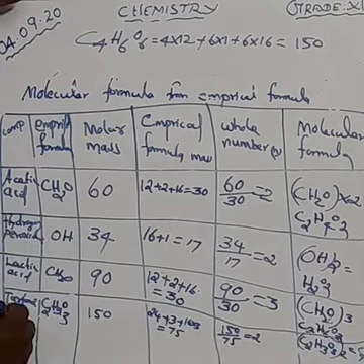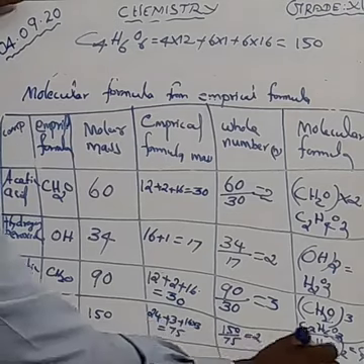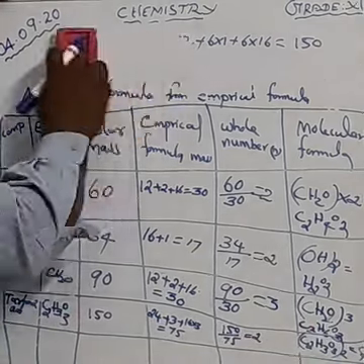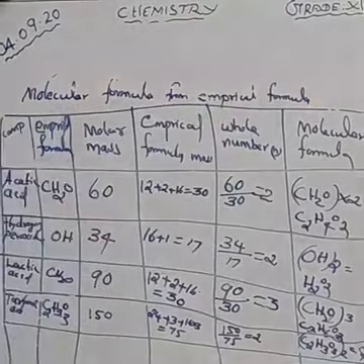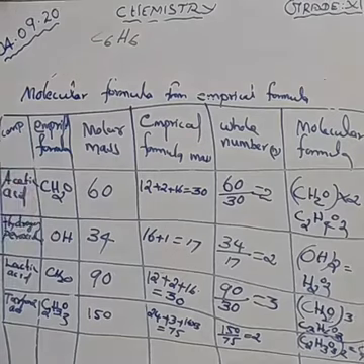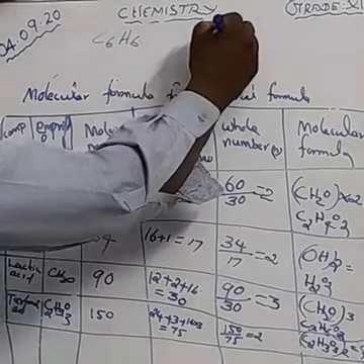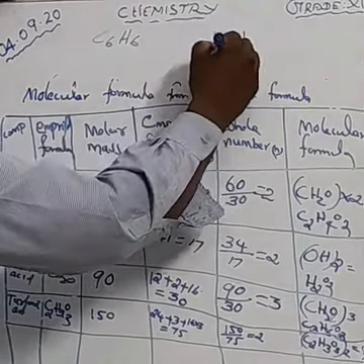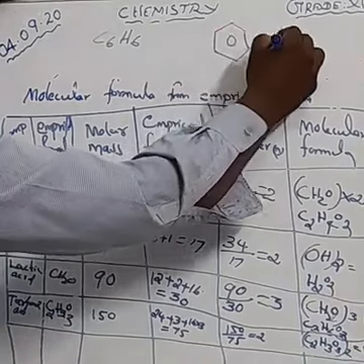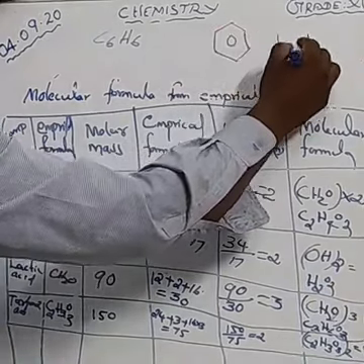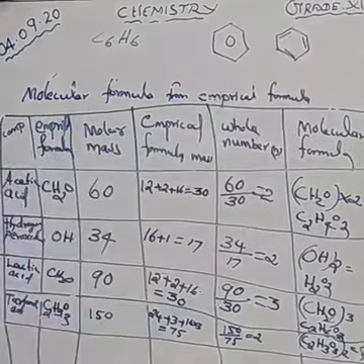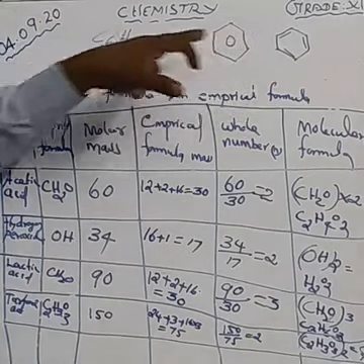The last one is benzene. The molecular formula of benzene is C6H6. Okay. This is the structure of benzene, with alternating double bonds.